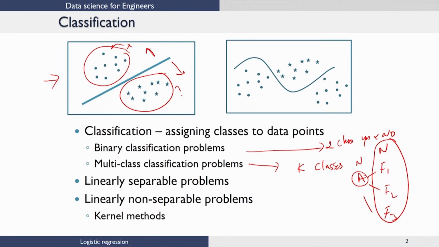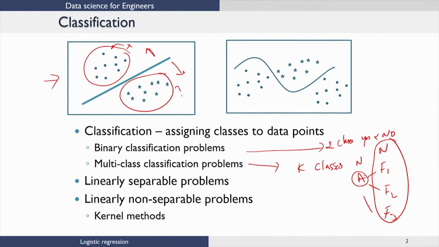So, these are called linearly separable problems. In such cases, the classification problem becomes one of identifying the hyperplane that would classify the data. So, I would call these simpler problems in binary classification.